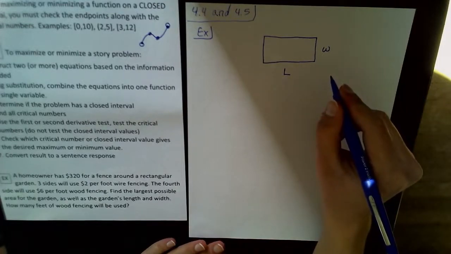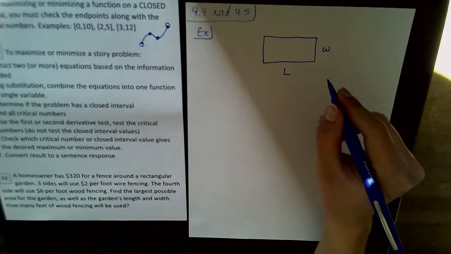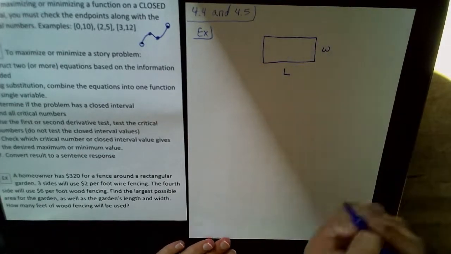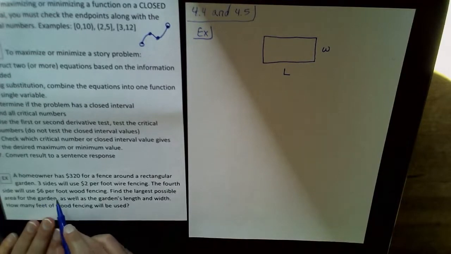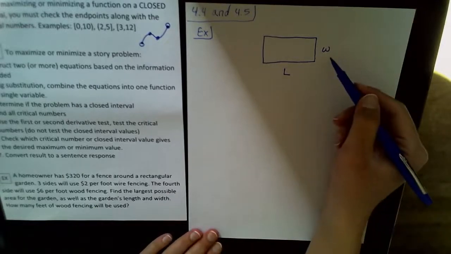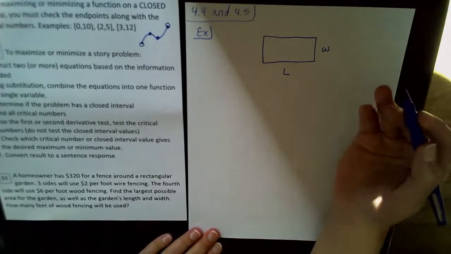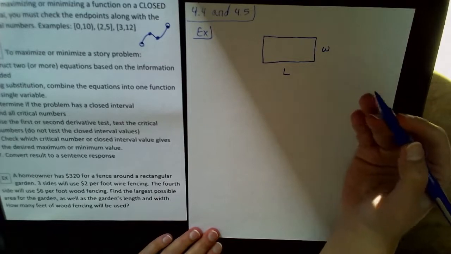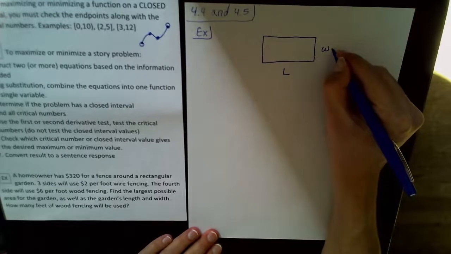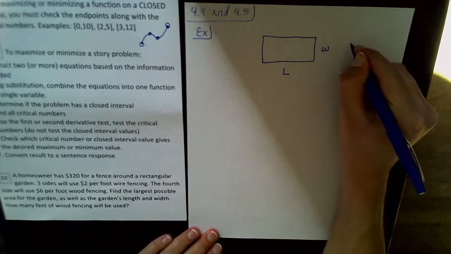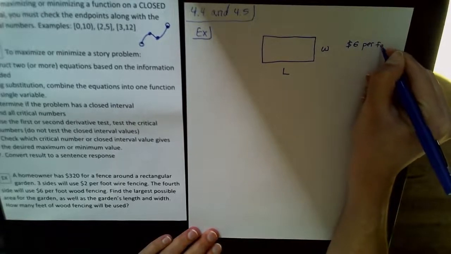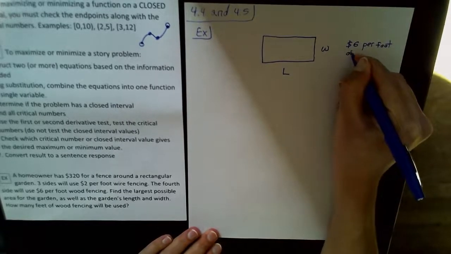And we know that the length or the width, one of these sides will have to represent that $6 per foot of wood fencing. So we need to pick one or the other. It doesn't matter which one you pick. The problem will work out exactly the same because right now we're just literally picking which letter we want to use. So I'm going to say that the W represents the $6 per foot of wood fencing.